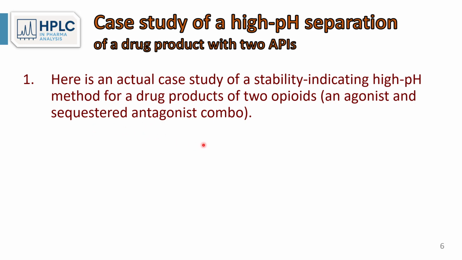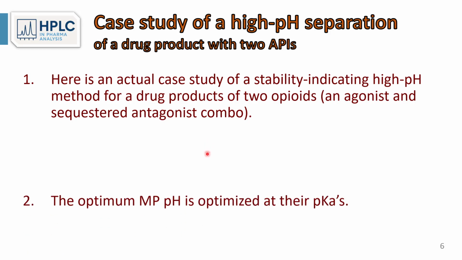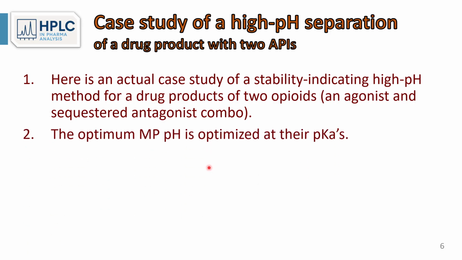So it's an anti-abuse kind of drug product combo being developed. Here the optimum pH was found to be very near the pKa of the two molecules, the two analytes.